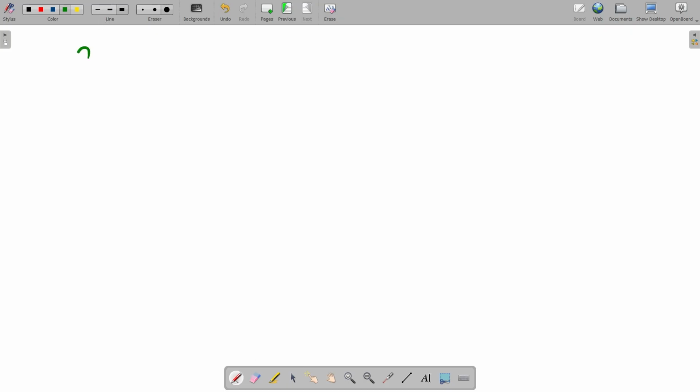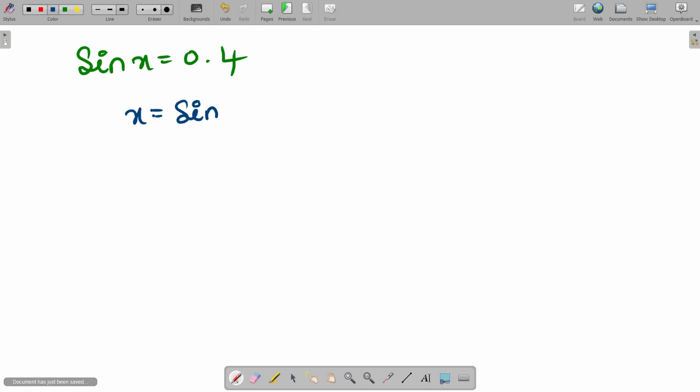Let's say if the question is sine x is equal to 0.4. We will also do it for negative as well. Let's just finish with this. So this will be x is equal to sine inverse of 0.4. You can use your calculator. Make sure that your calculator has a D symbol. Here in the question, they will mention whether it is in degree or rad.